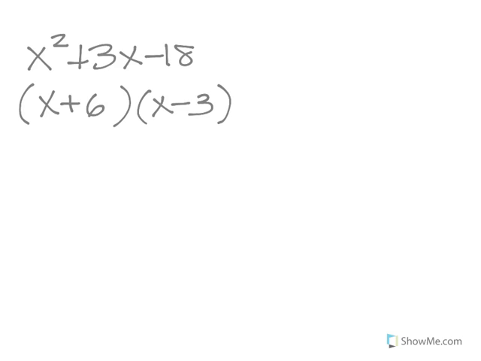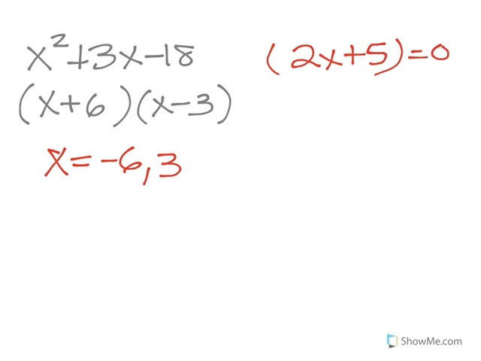Alright, so when you solve these two, you're going to get x equal to negative 6 and 3. And then don't forget that in our original problem, we had 2x plus 5. So if you set that equal to 0 and solved, x would be negative 5/2. So these are the three zeros that we're going to graph.